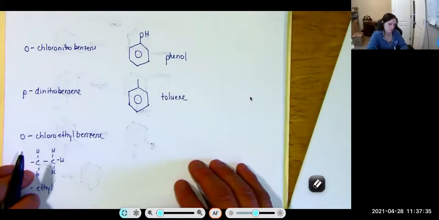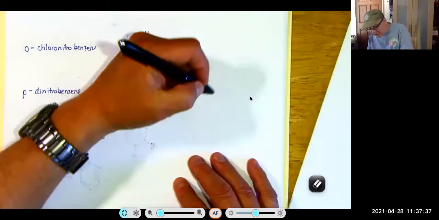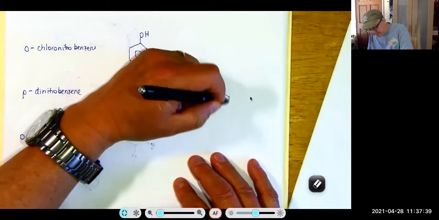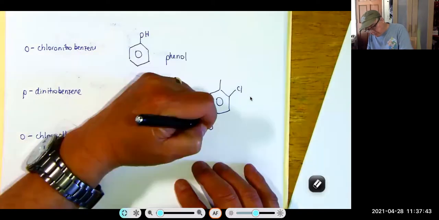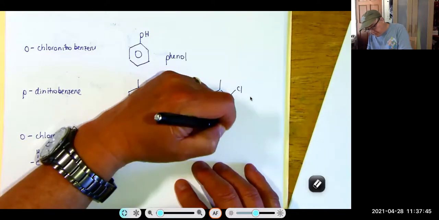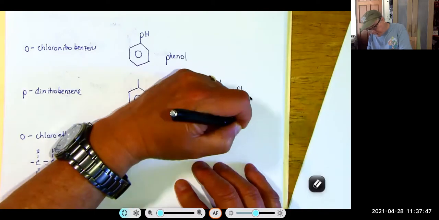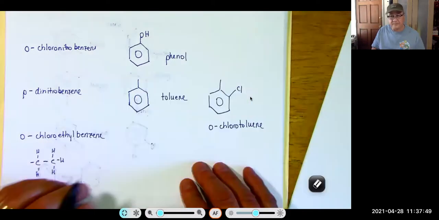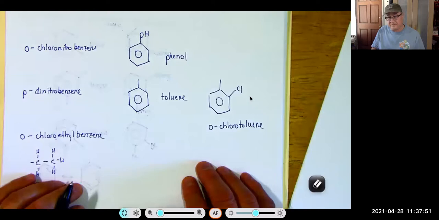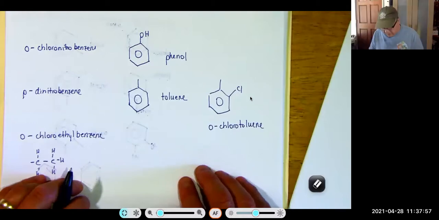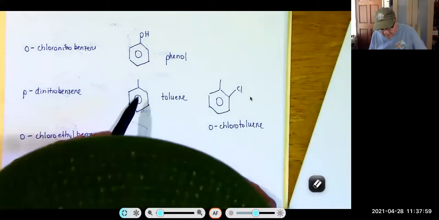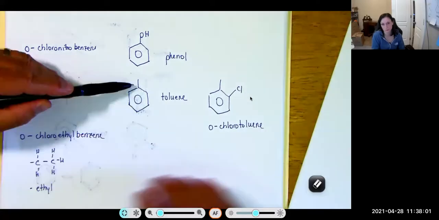Okay. So you could actually call this ortho chloro toluene. But what's up with the branch with nothing on it? Well, what does that line represent? A carbon.